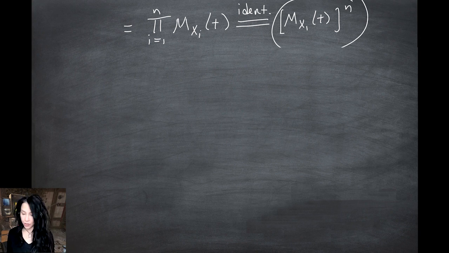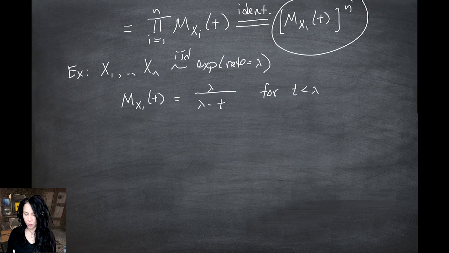And now let's use that with the exponential distribution. So if we have x1 through xn, IID exponential with rate lambda, then we know the moment generating function of any one of these is lambda over lambda minus t, and this holds for t less than lambda. It's just not defined if t is greater than or equal to lambda.